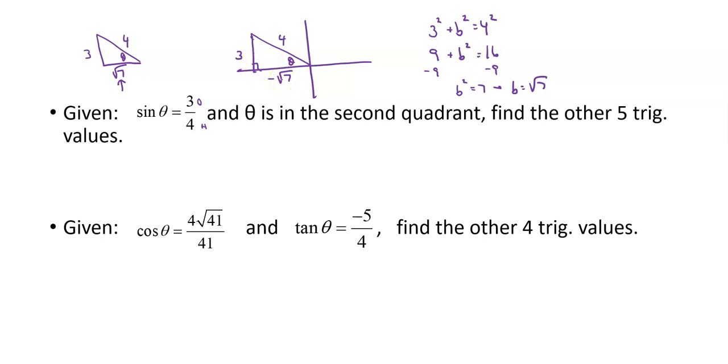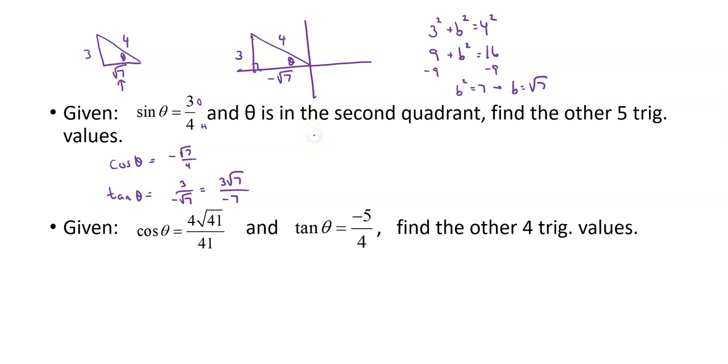All right, knowing that, if sine is 3/4, then cosine is adjacent over hypotenuse, so negative square root of 7 over 4. Tangent is opposite over adjacent, so 3 over negative square root of 7. I'm not going to leave irrational numbers in the denominator, so I'll hit top and bottom with a square root of 7, and that's what I get. Then if you want the other trig functions, just flip over the ones you got.